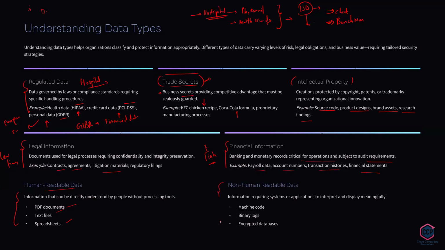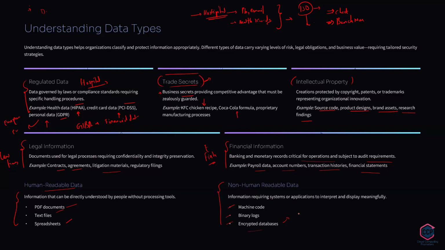Non-human readable data, in the sense of machine code, binary code, and encrypted data, also should be kept safe. Nowadays there are algorithms that encrypt the data, and we don't have computers capable enough to decrypt that data.